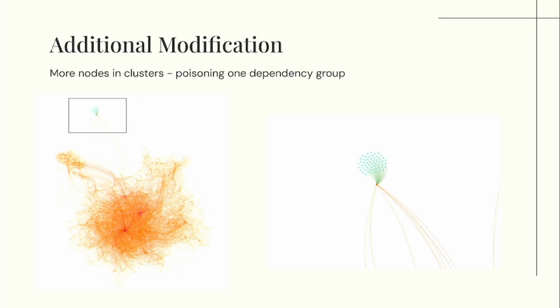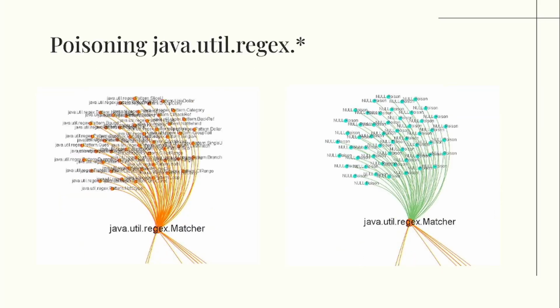So for Java dependency groups, it could be assigning their values to null, or just having false lines of code, or as I said, additional attack vectors that can mean further injection. In this case, I labeled these modified nodes with null to demonstrate the poison more clearly on the right. So that's that really tiny cluster at the top earlier.